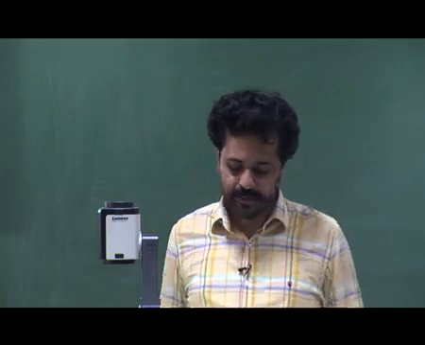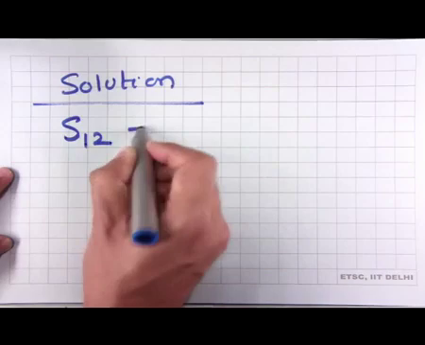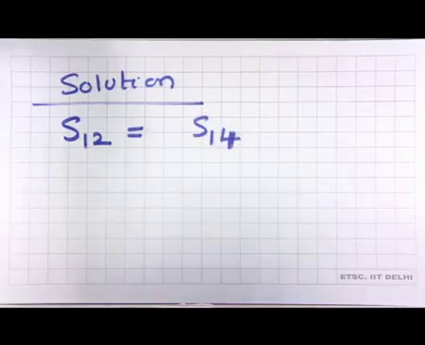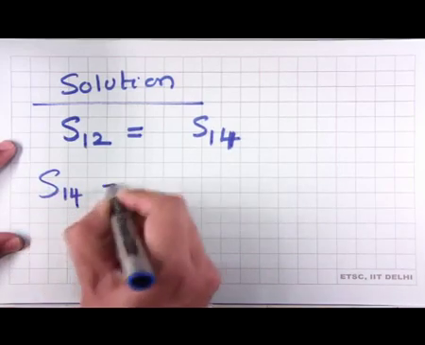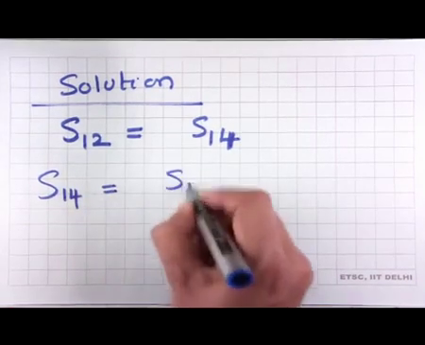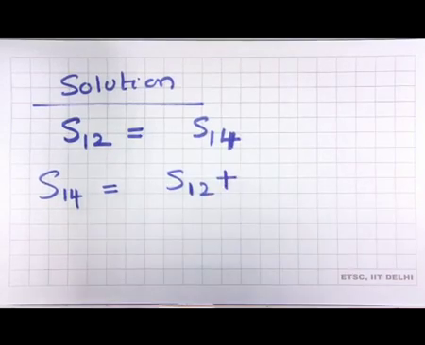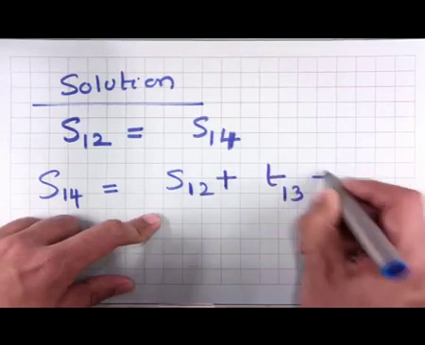So, what is given to us is S12 is equal to S14, sum of first 12 terms equal to sum of first 14 terms, but S14 is S12 plus the 13th term, which I write as T13, plus T14.